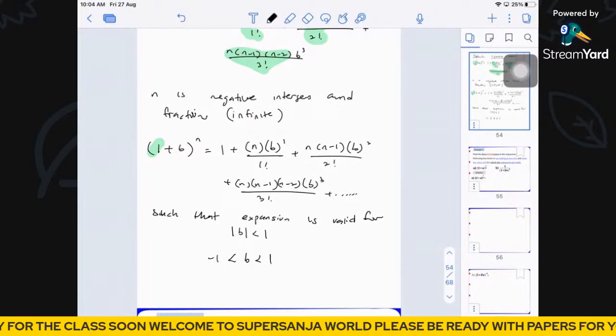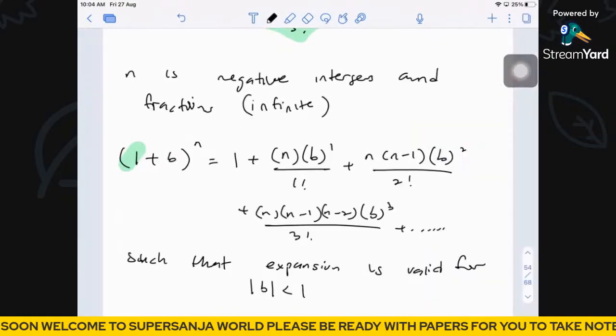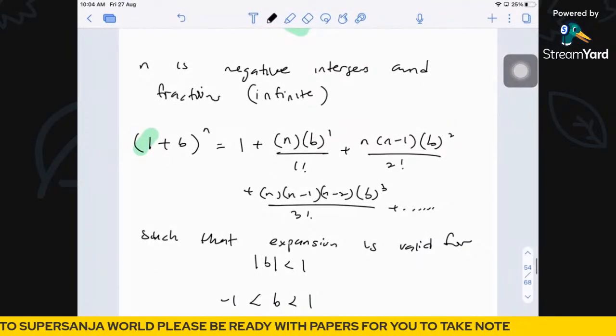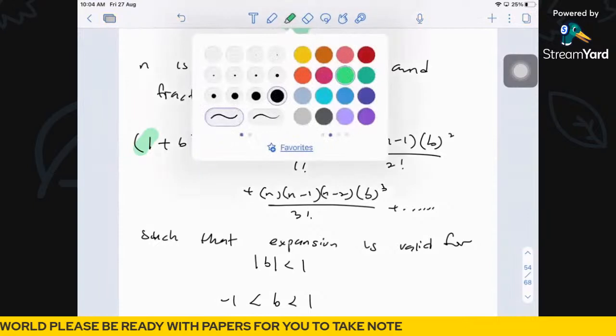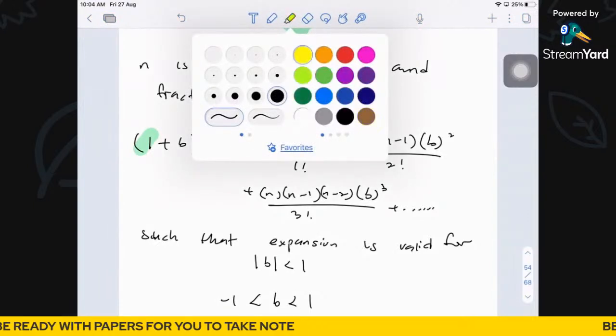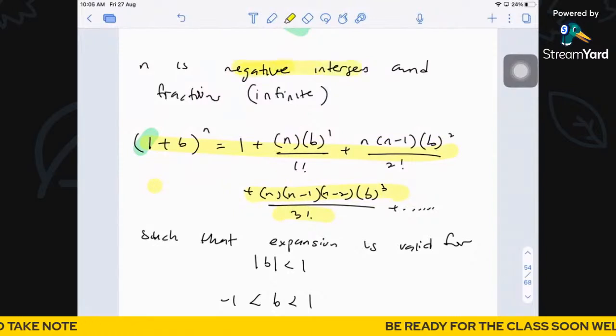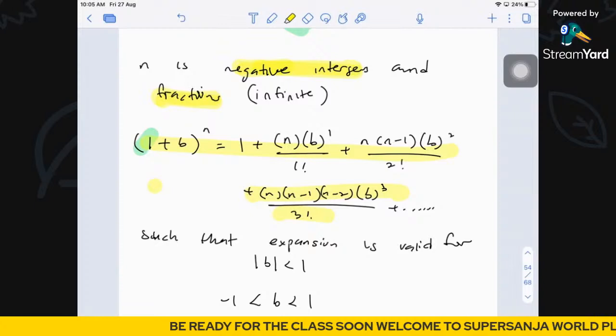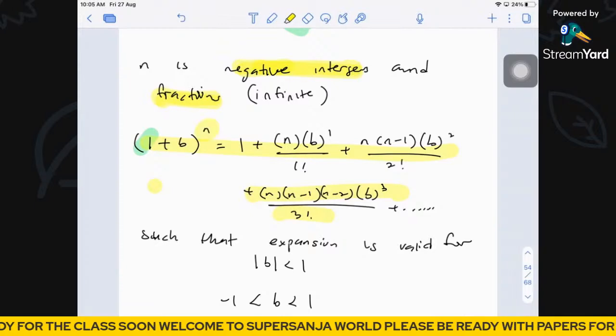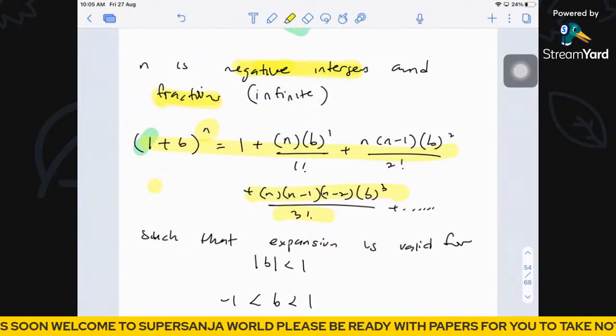So that is the formula which is given, and we use this whole formula over here. Maybe I highlight in yellow. We use this whole formula when the power is negative integers or fractions over there. The n power there must be a negative integer or fractions.